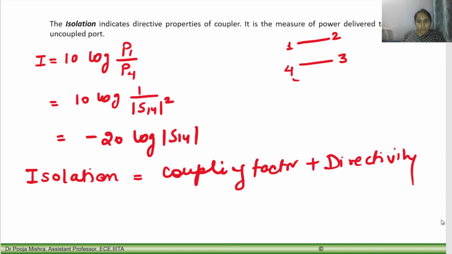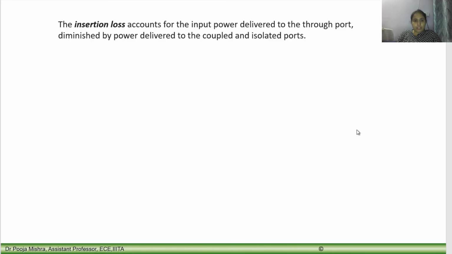So this is all for the directional coupler, and there is another factor which is used to define the characteristic of a directional coupler, and it is insertion loss. Now what is happening over here? This was the primary waveguide and this was the secondary waveguide. You are sending the signal from port 1 and you want the signal to be sent to the second port through the primary waveguide, but because of the secondary waveguide, some power is being coupled into port 3, and port 4 is the isolated port.